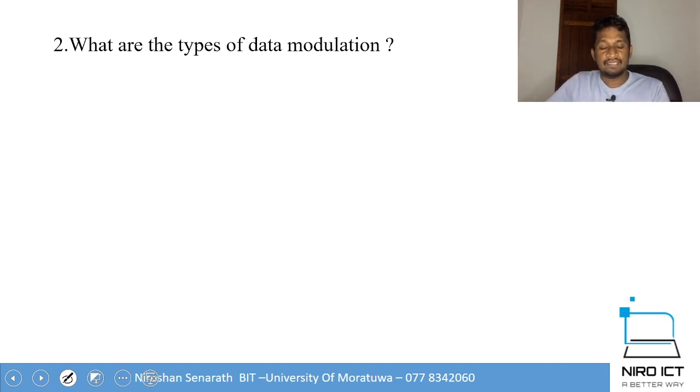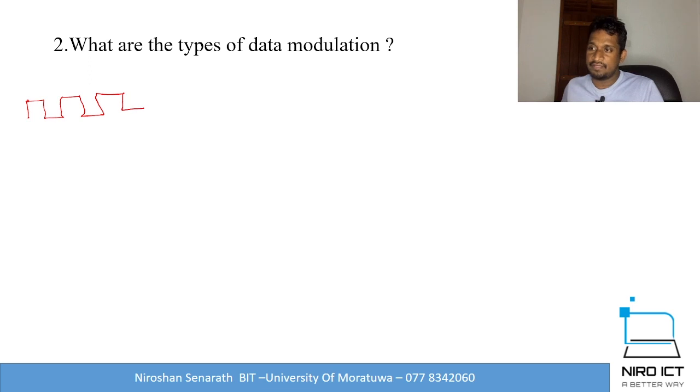Actually, basically, we have two types of signal. One is called digital signal. That means digital signals are created using digital data, zeros and ones. And the other one is called analog signal. Right? So when we talk about modulation techniques, we have to learn two things specially.